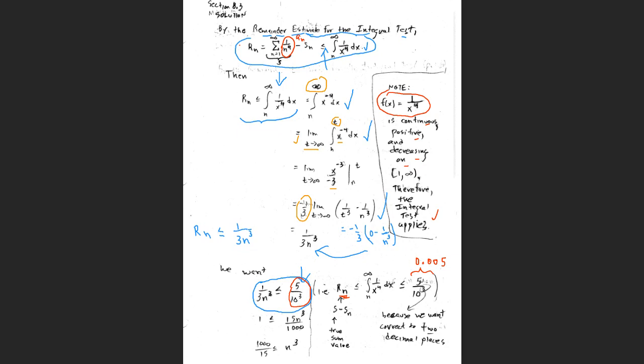If you had a situation where you wanted, for instance, correct to 3 decimal places, or let's say 4, correct to 4 decimal places.